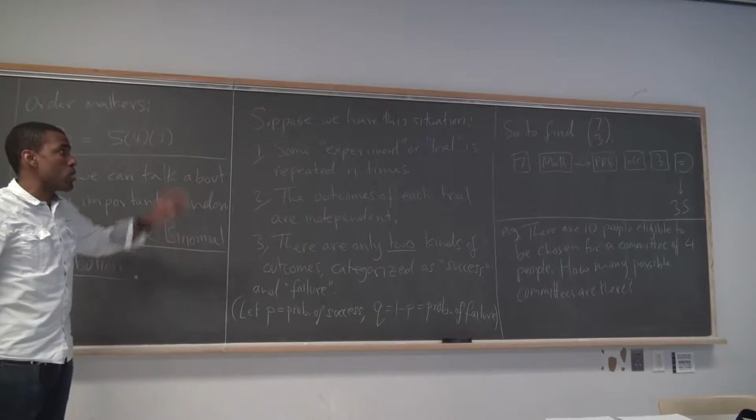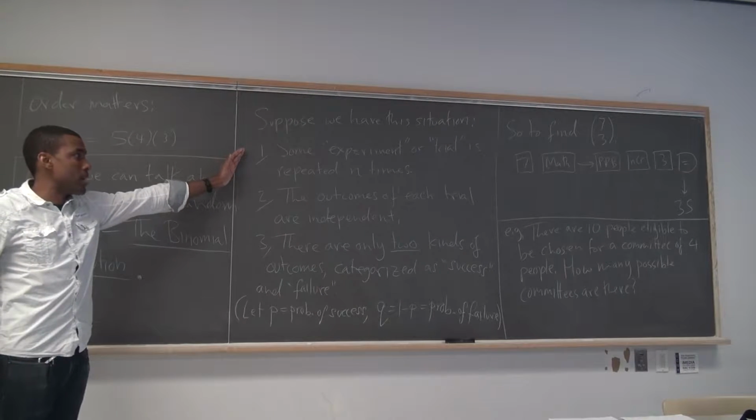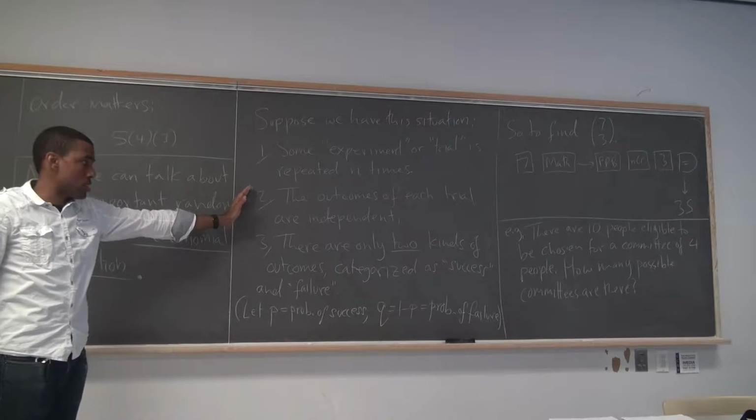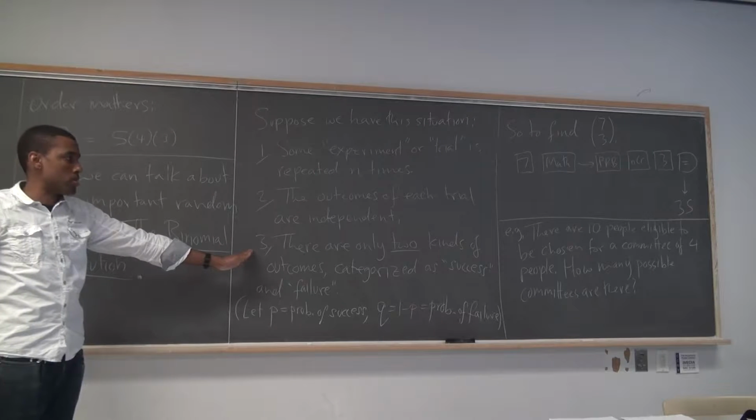So we're in a situation where we're repeating something n times, some experiment, some trial n times. The same thing is being repeated n times. Each outcome is independent of all the others. And there are only two kinds of possible outcomes.